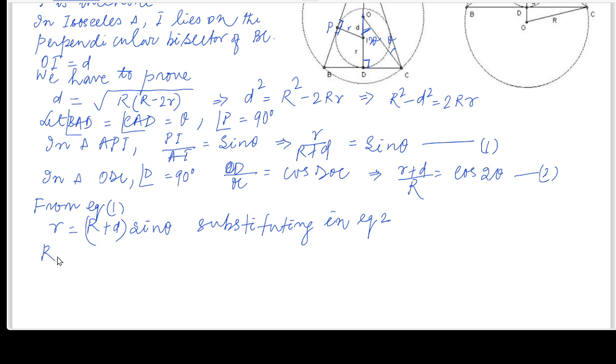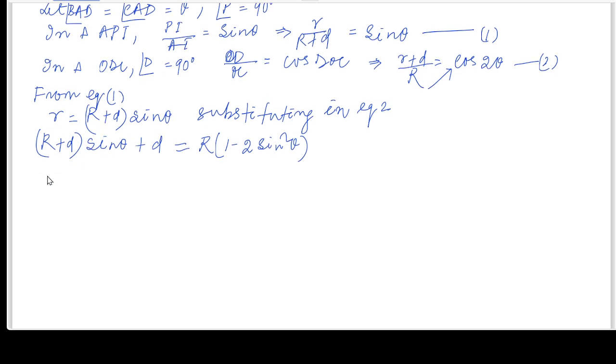Small r is R plus d times sine theta, plus d, equals R into cos 2 theta. Cos 2 theta is 1 minus twice sine square theta. Or I am getting d plus R plus d sine theta equals R minus 2R sine square theta.